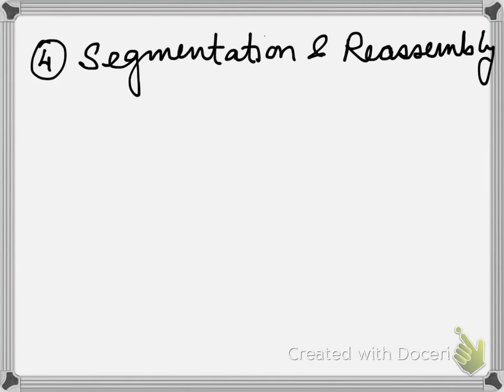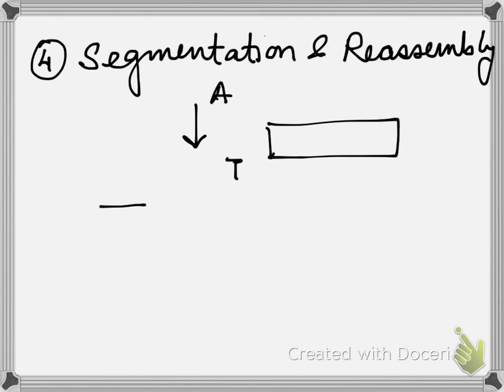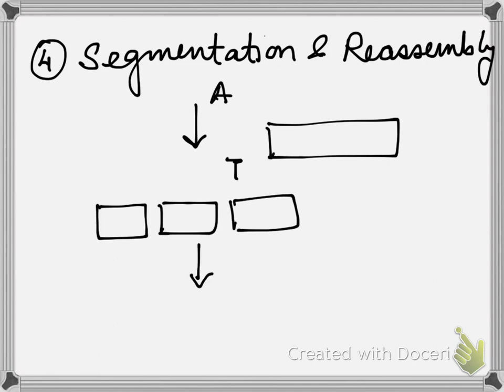What this means is that the message which comes to the transport layer from the application layer may be very long. So the transport layer breaks down these messages into smaller components, and then passes these smaller components to the network layer. This is known as segmentation.